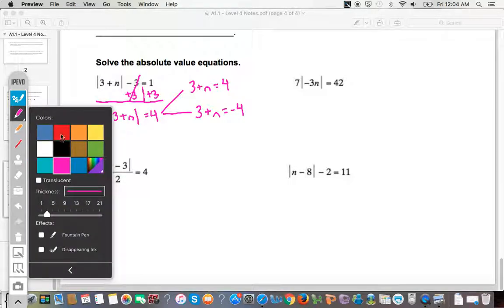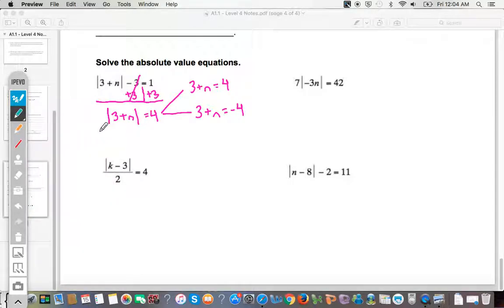Okay, so let me switch up the color. I have 3 plus n equals 4. So I subtract 3, right? And I'll bring my answer right over here. I know that n equals 1.